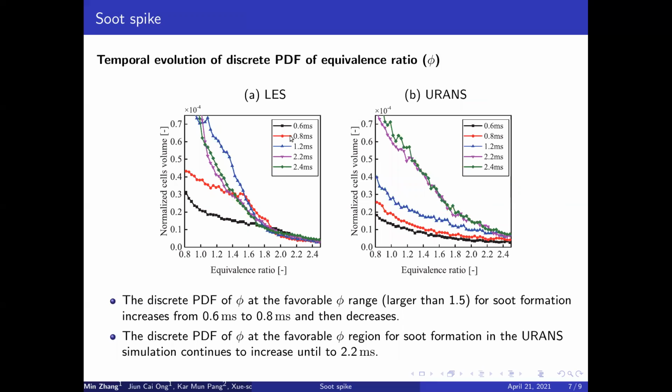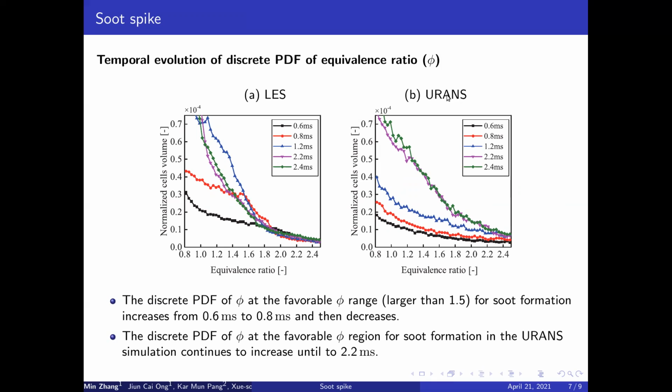So you can see the red line at 0.8 millisecond is on top of other lines. This tells us the soot speck is formed in the LES case.